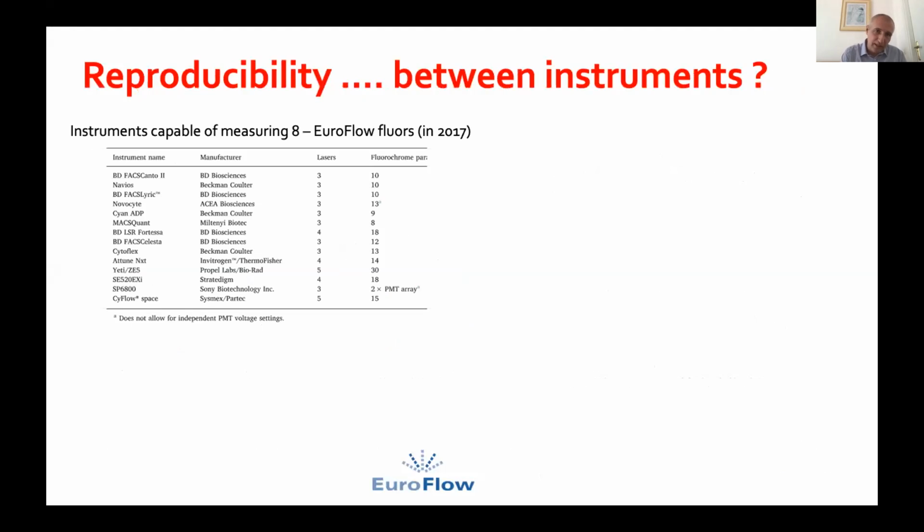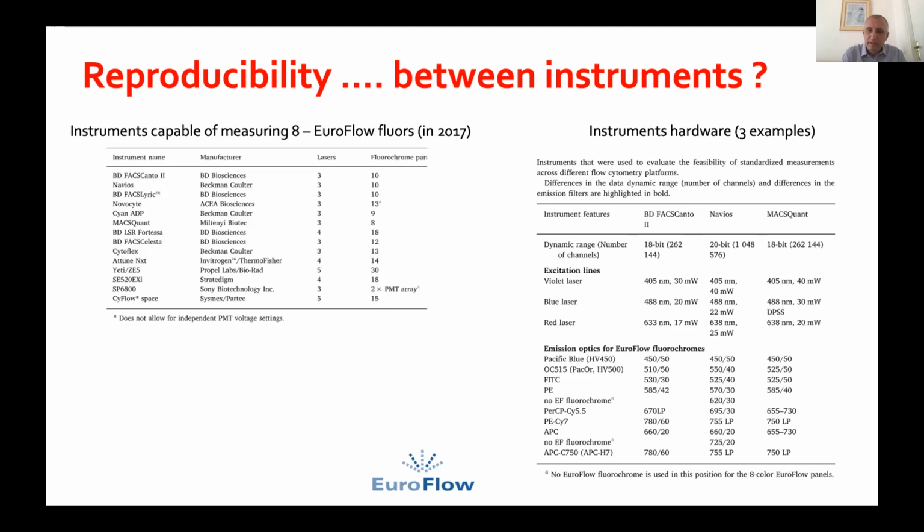In fact, if we use any instrument that has a similar laser excitation by violet, blue, and red lasers, and similar detectors for at least 8 or possibly even 10 different fluorochromes, we will be able to use the same panel to measure the sample.